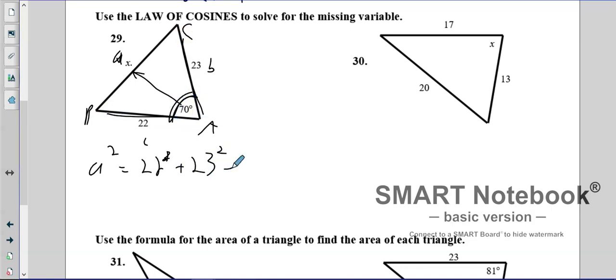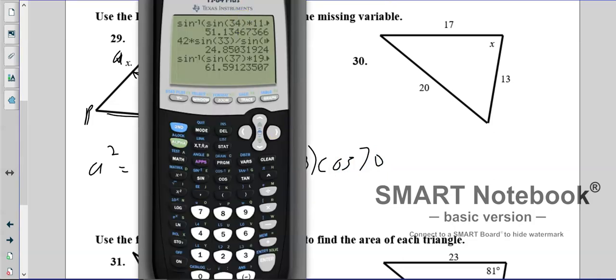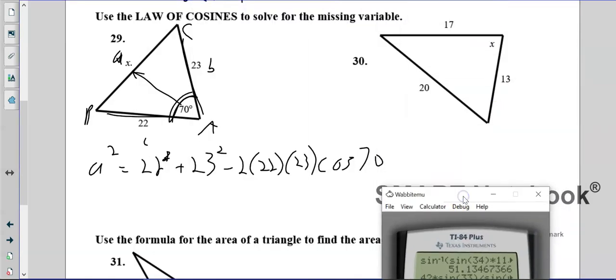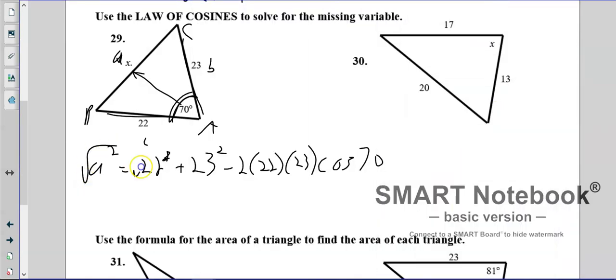Minus 2 times b times c, so the same numbers again, times the cosine of the angle we have. And you can just type that in as you see it. Now, we're going to square root, obviously, because we want a to equal that number.